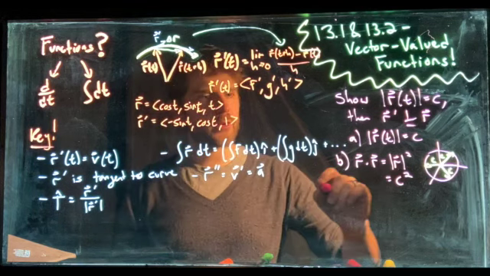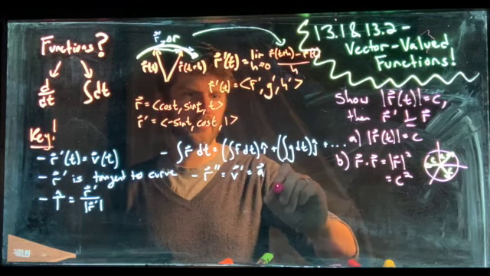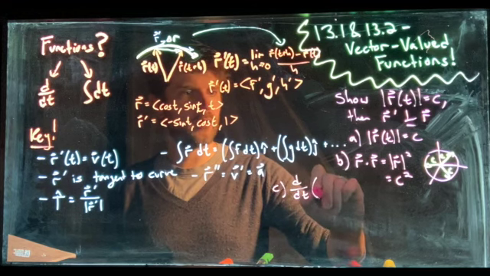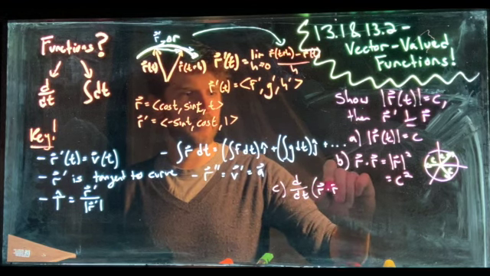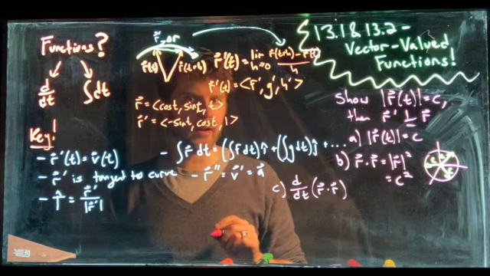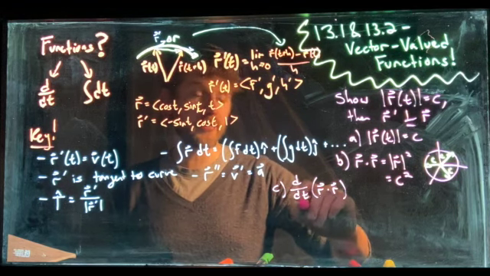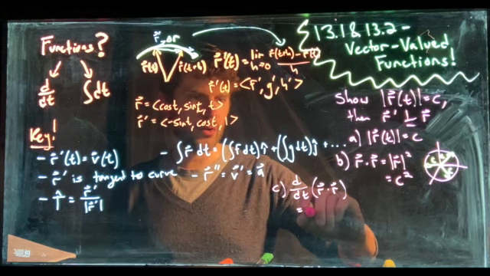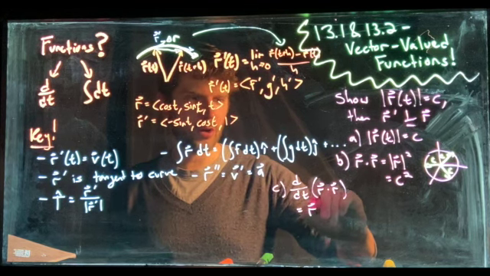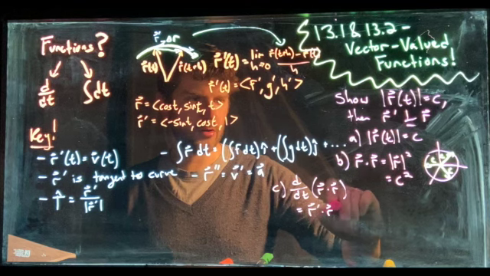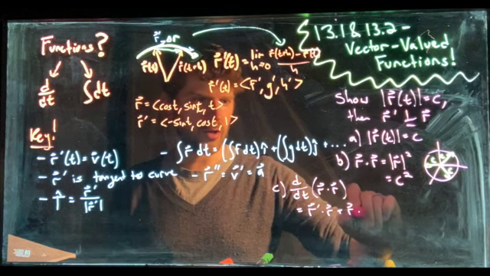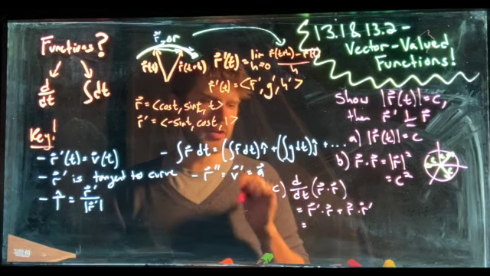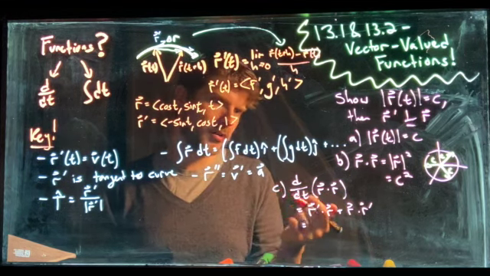So what we're going to do now is take a derivative of the dot product r dot r. Now you can take the derivative of dot products, and it in fact follows the product rule. So you'll go r prime dot r plus r dot r prime. Now in this case, dot products are commutative, so r prime dot r and r dot r prime are the same.